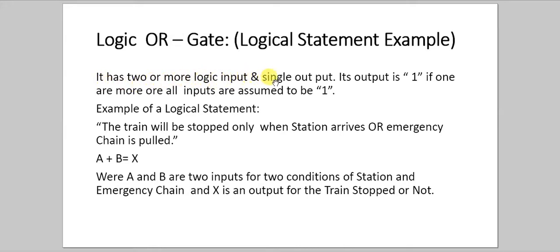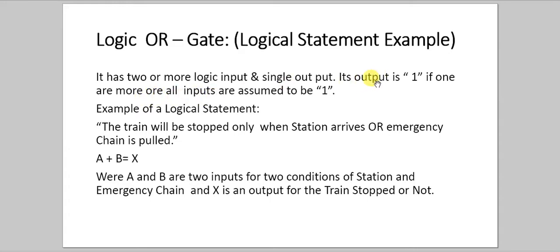Its output is 1 if one or more or all inputs are 1. That is, the logic gate whose output is 1 if any one of its inputs is 1.